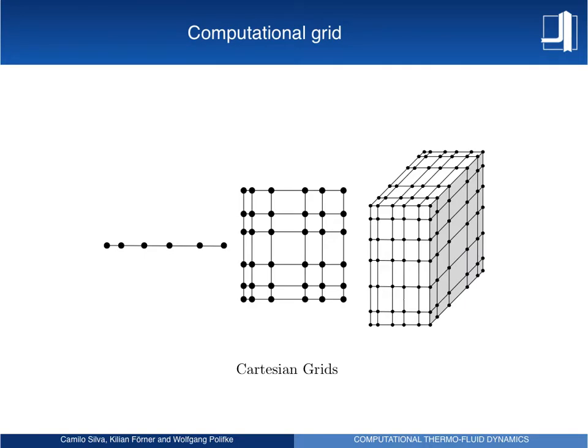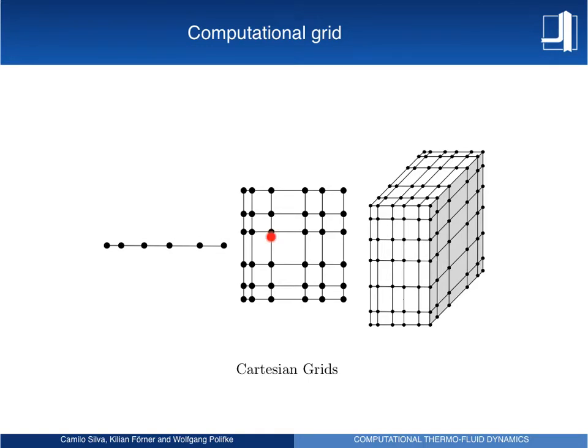Ladies and gentlemen, we have here a one-dimensional grid, a two-dimensional grid, and a three-dimensional grid. Grids are actually composed of cells. In this case, we have a cell in one dimension.